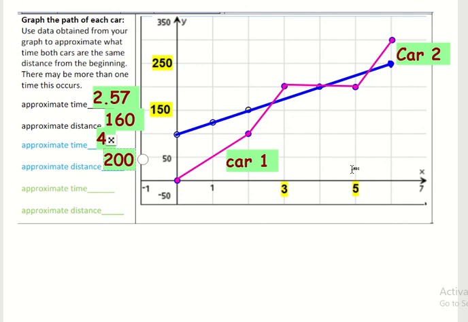Now, when we come to the last one, we know it's more than 5 hours, but nowhere near 6 hours. So I would say that's 5.35. That's our x coordinate. And when we look at the y coordinate, we're not at 250 miles yet, but we're getting closer. So maybe 235 miles.